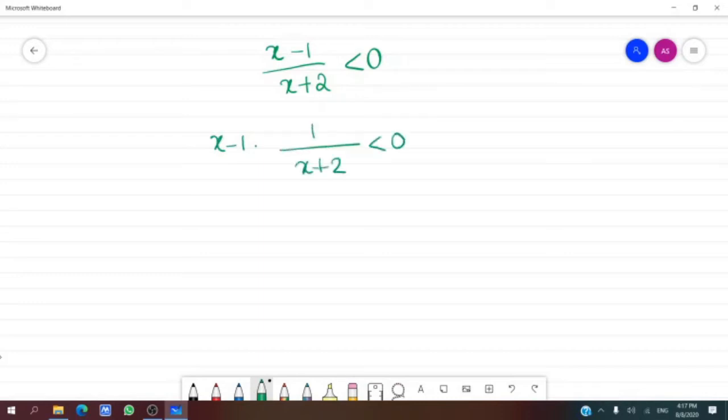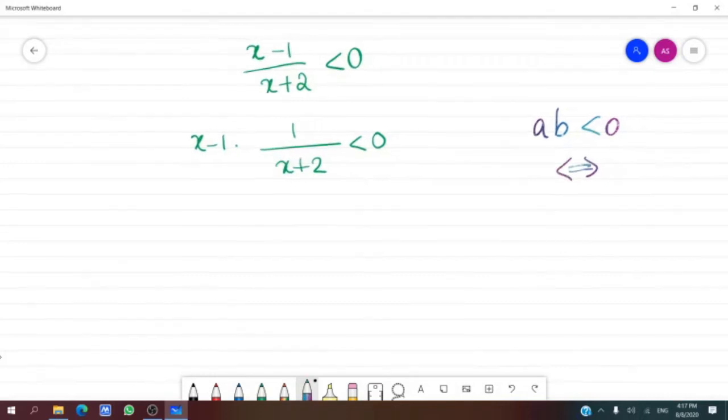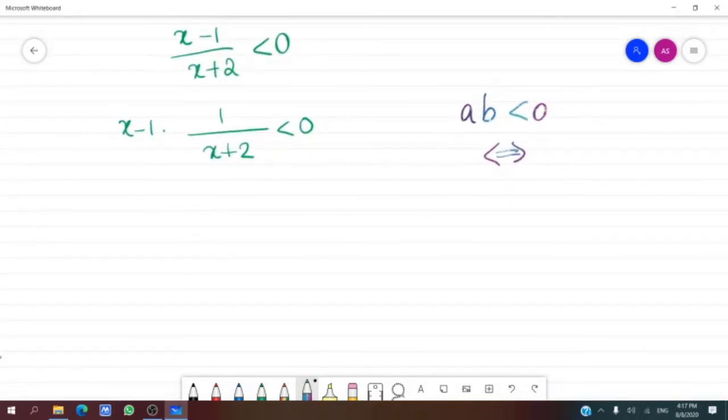So a product is negative. We have the theorem: a product is negative if and only if one of the factors is positive and the other is negative. Either A is positive and B is negative, or A is negative and B is positive. So we have proved this theorem.